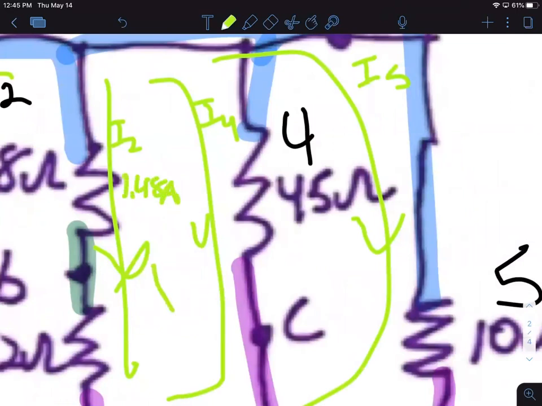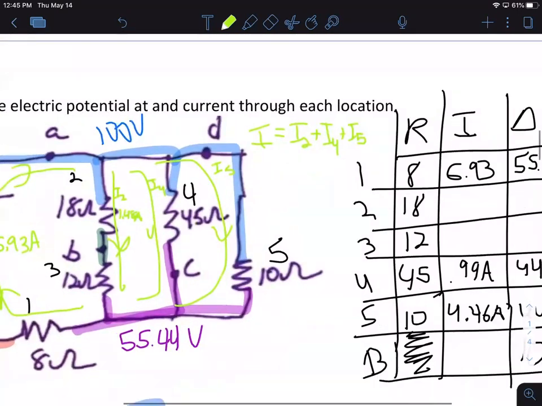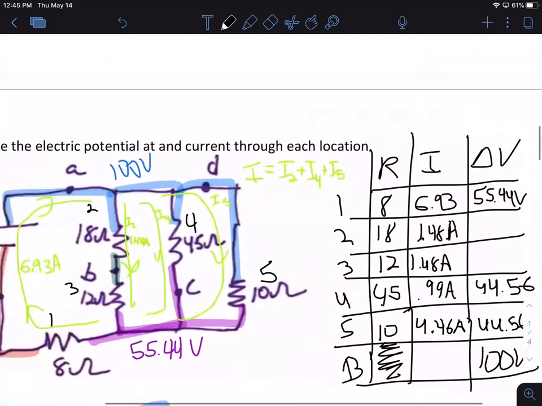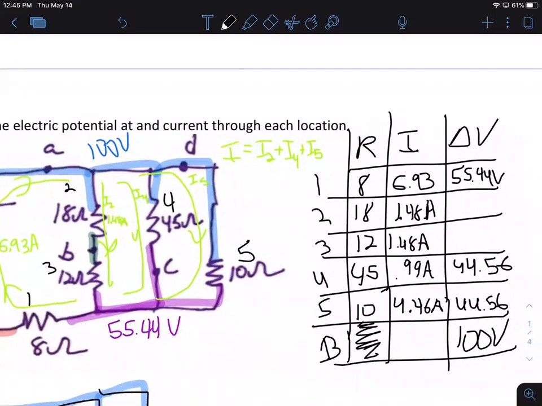So that's the current through resistor number 2, the 18 ohm, and the current through the 12 ohm: 1.48 amps. The battery we found earlier, 6.93, because we know this splits up into these 3 currents.